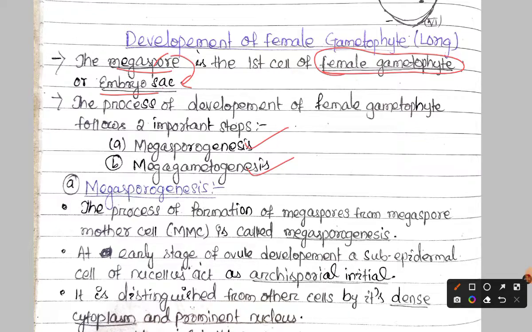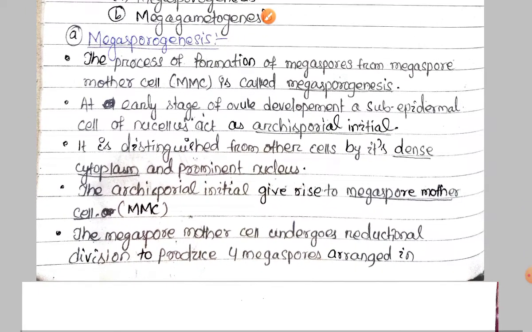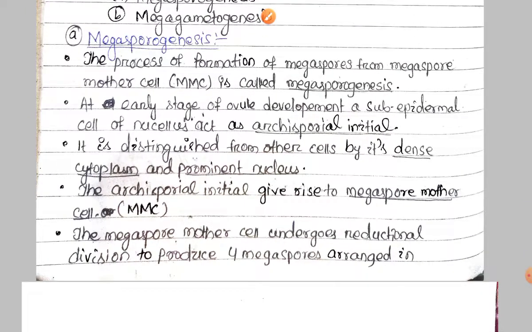So first step, megasporogenesis. Megasporogenesis is the process where megaspores are produced from the megaspore mother cell.